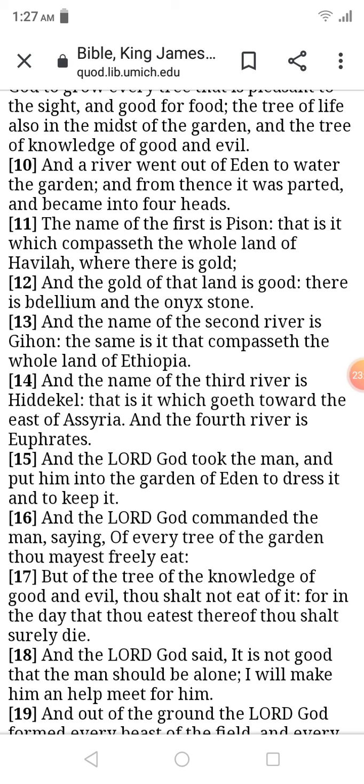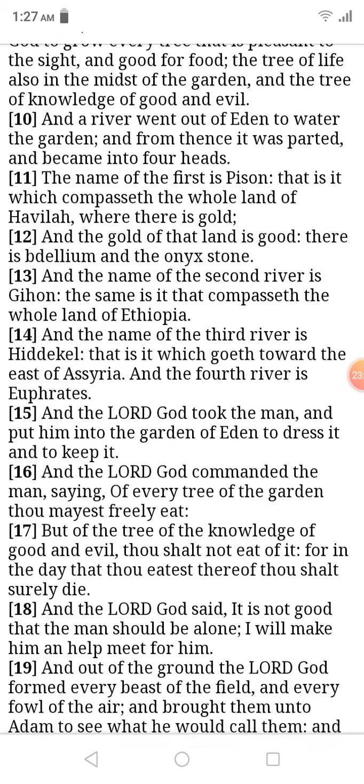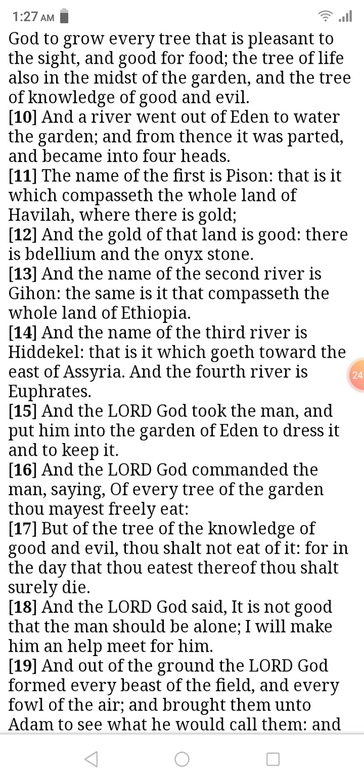And the name of the second river is Gihon. The same is it that compasseth the whole land of Ethiopia. And the name of the third river is Hiddekel. That is it which goeth toward the east of Assyria. And the fourth river is Euphrates.